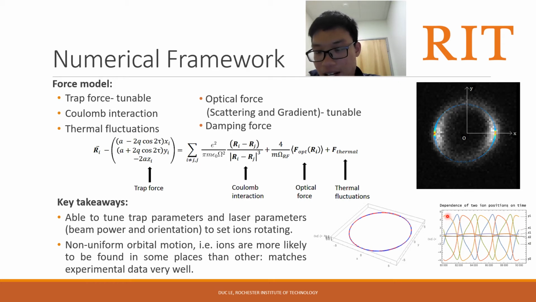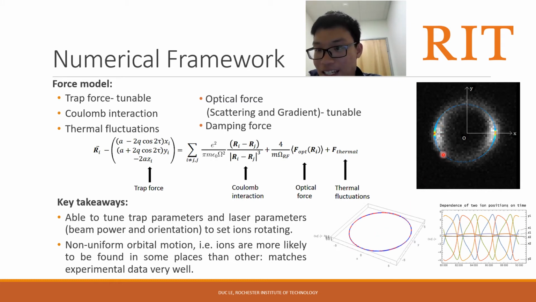If this had been uniform, this would be purely sinusoidal, but as you can see here, it is not. Because of that, the ions will spend more time in some positions than others, and this matches very well with the experimental result.